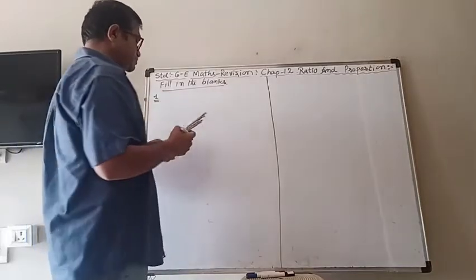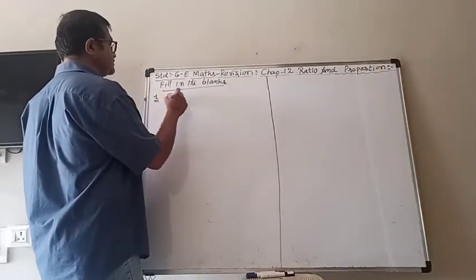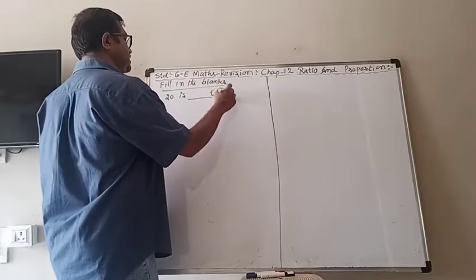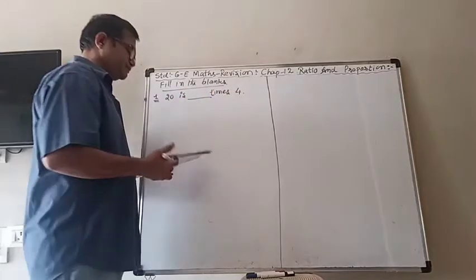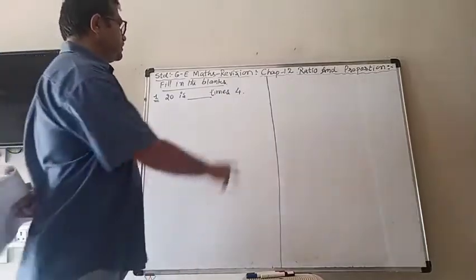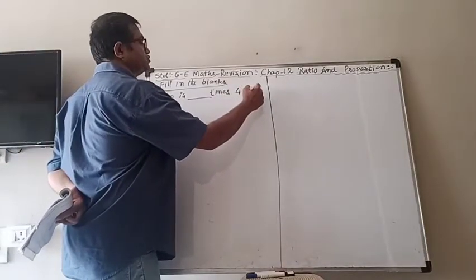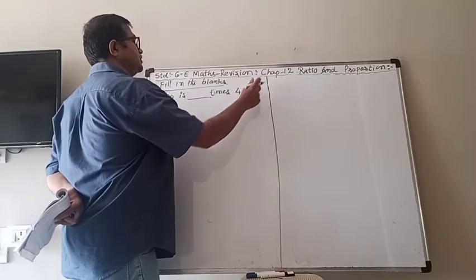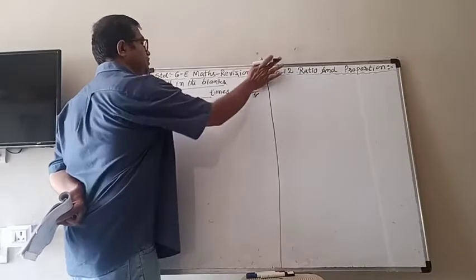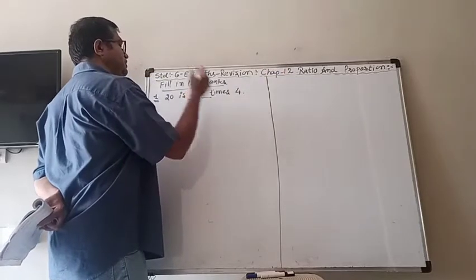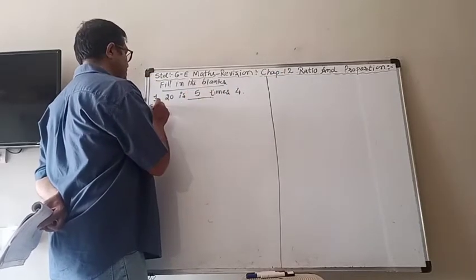First one, 20 is blank times 4. Now we have to find the ratio of 20 is to 4. You know that it is 5. So simply we can write down the answer that it is 5 times 4.